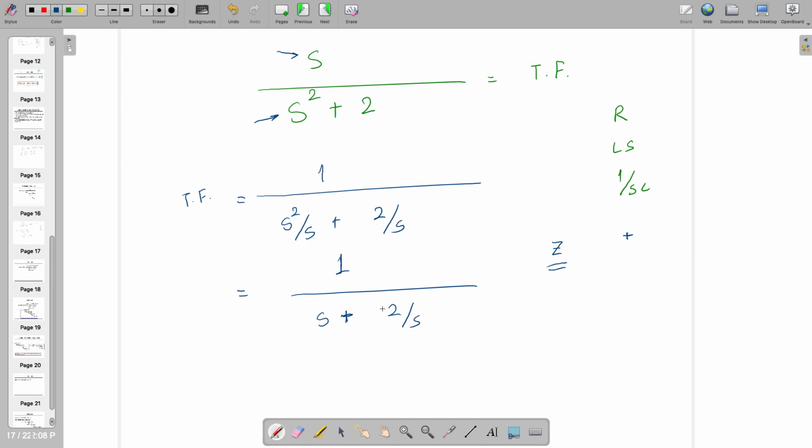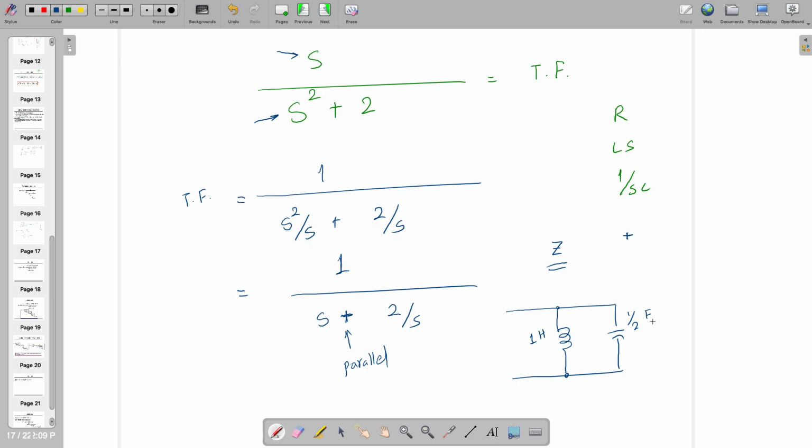So if this is admittance, then both the things have to be in parallel, right? So I can put this one, or this will be 1 Henry and this will be 1 by 2 farad. Remember to keep always units. Without units it's useless, right?